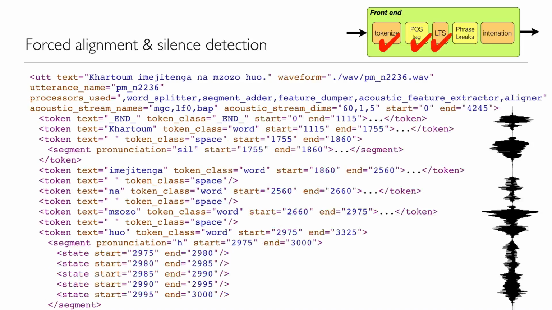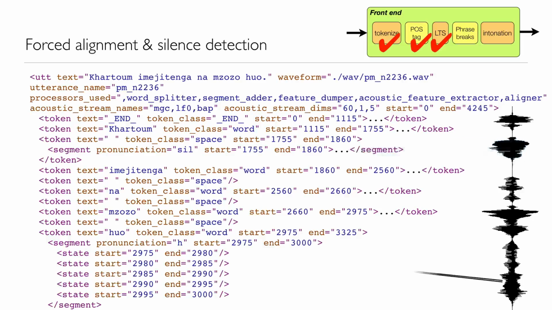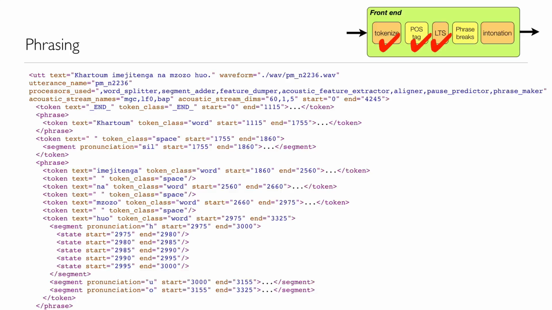At training time, we'll do an alignment with some audio, and we'll refine our initial guess about where silences probably or possibly are to where they actually are detected in the audio. There was actually silence detected after Khartoum there. And it gives us timings for the position of phones and subphone states in our data.